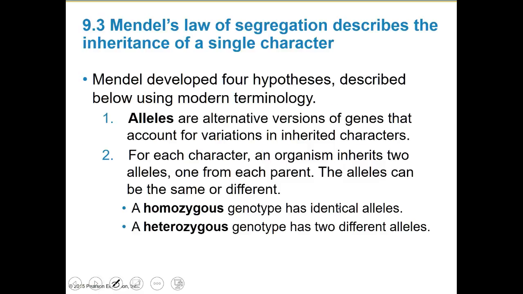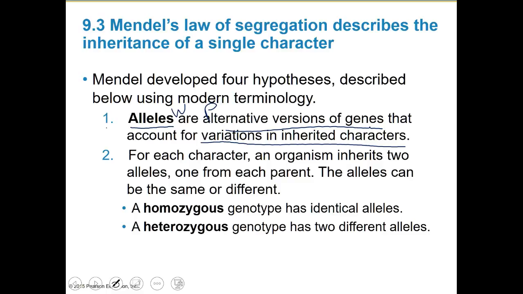So Mendel developed 4 hypotheses, described below using some of our modern terminology. The first thing: alleles are alternative versions of genes that account for variations in inherited characters. It's sort of like white and purple. Those are 2 different versions of that same gene for flower color.